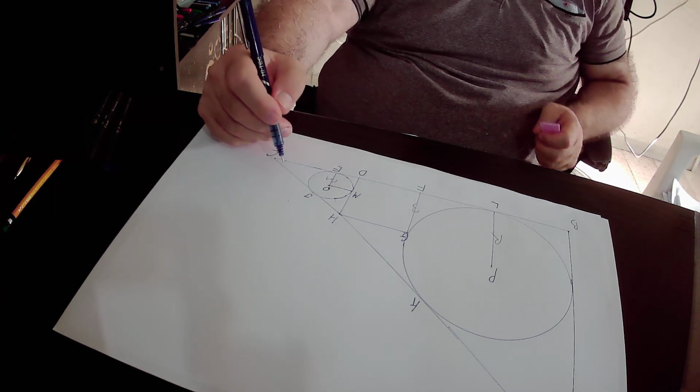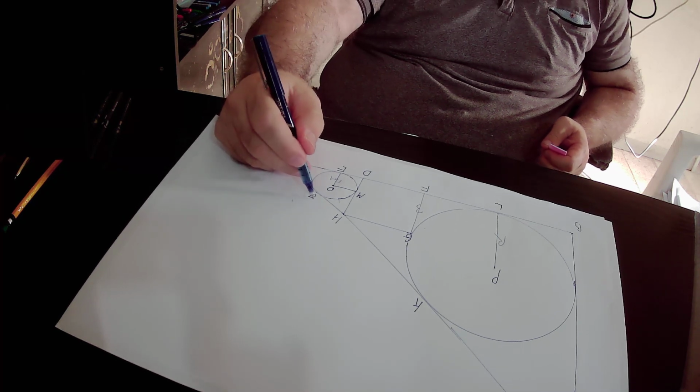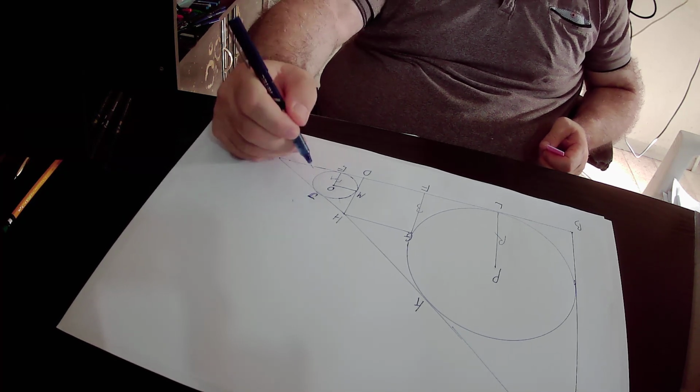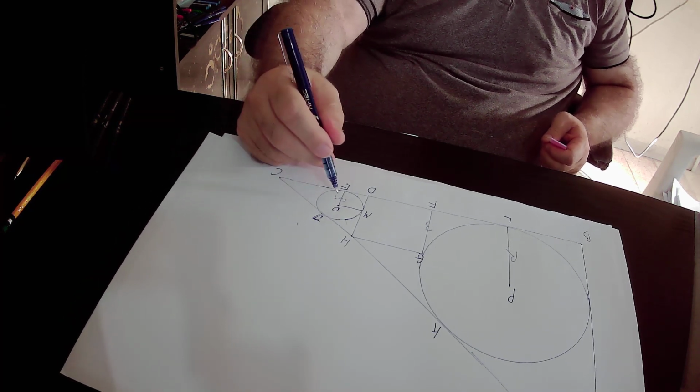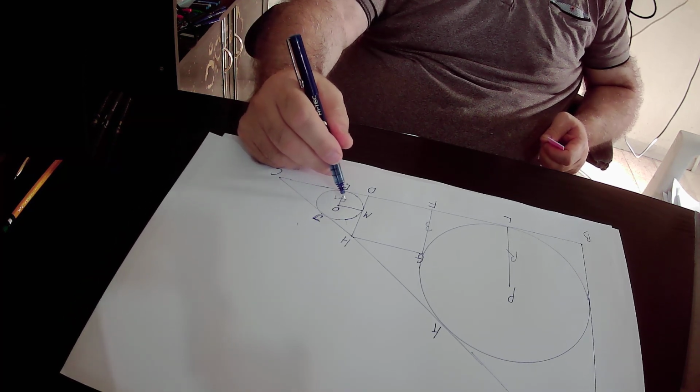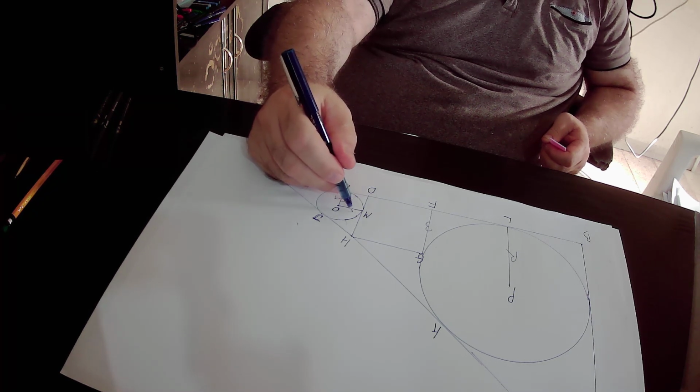Point O is the center of the circle. Point M is a point on the small circle itself. Therefore, line segment OM is the radius of the circle that is equal to 1 unit.